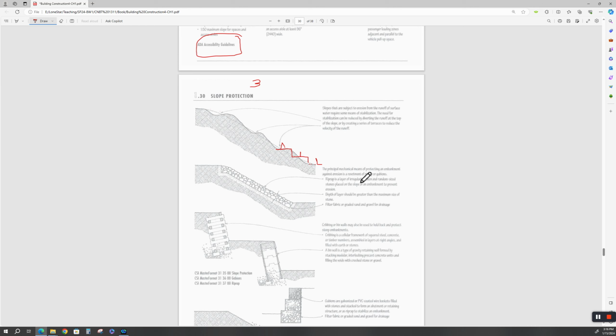The principal mechanical means of protecting an embankment against erosion is a revetment. This is referred to as riprap. It's granular material. It can be crushed concrete, gravel. Sometimes it can be wrapped in wire, and it's laid in. There's generally filter fabric underneath here, which allows your riprap not to get mixed with your dirt, but it allows the water to go down and hydrate the soil if needed.